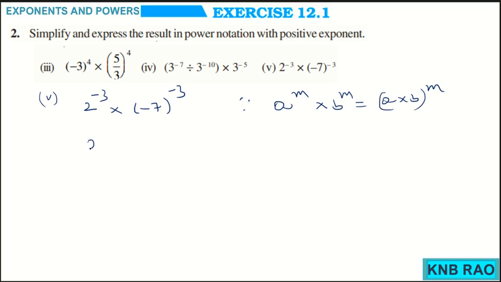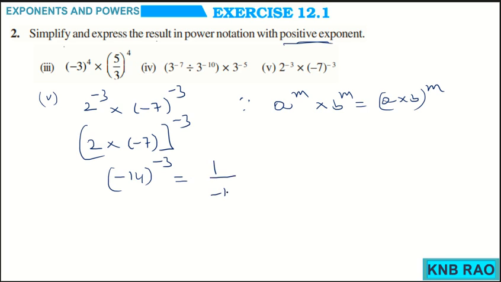Using it, we get 2 into minus 7 whole raised to the power minus 3. So 2 into minus 7 is minus 14 raised to the power minus 3. Here, negative power, to convert it into positive exponent, 1 upon minus 14 whole power 3 is the right answer.